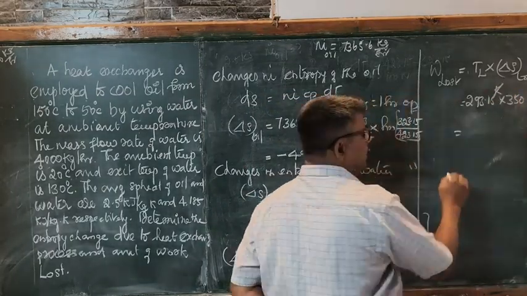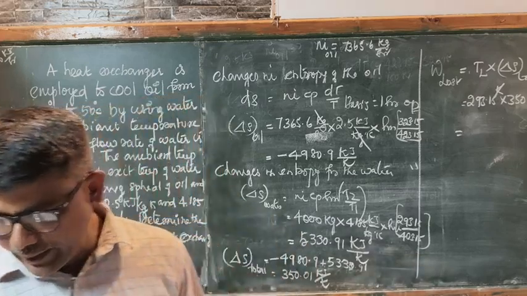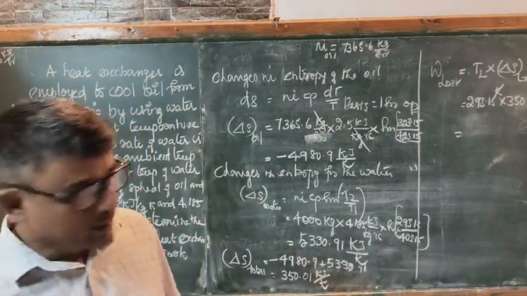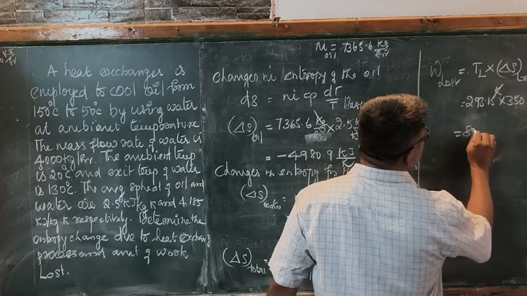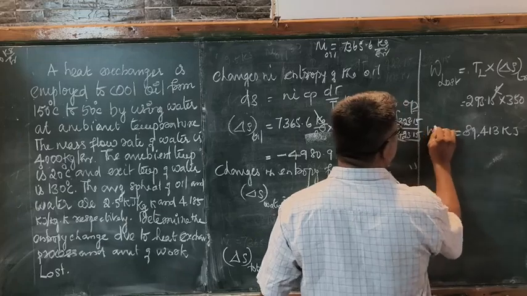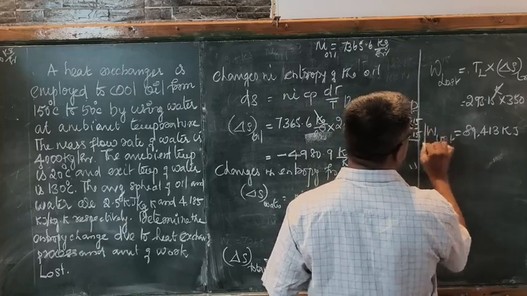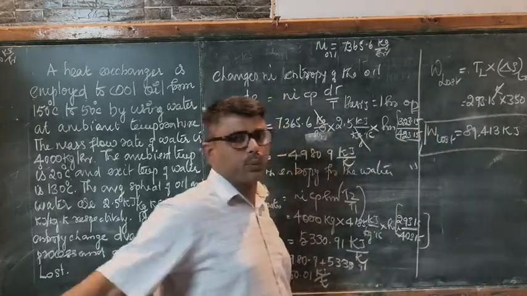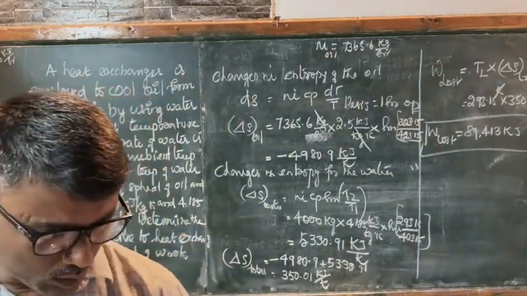Kelvin gets cancelled. The answer is 89,413 kilojoules. This much quantity of energy gets lost during this heat exchange process. This is the amount of work lost.